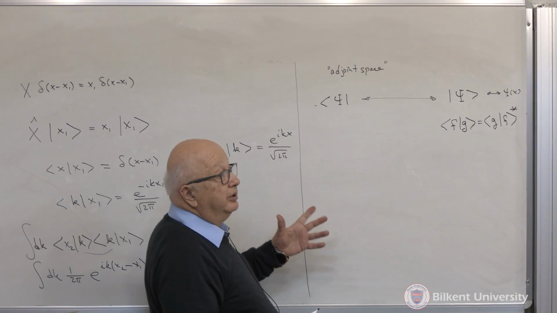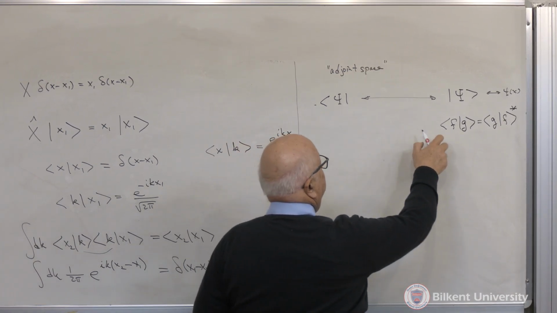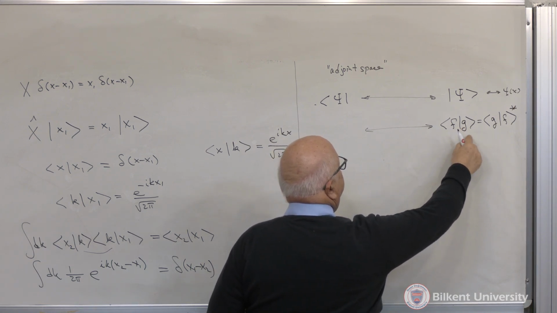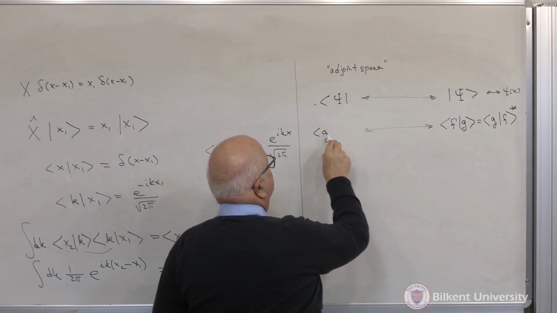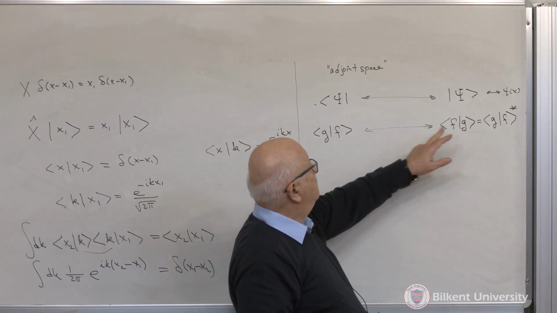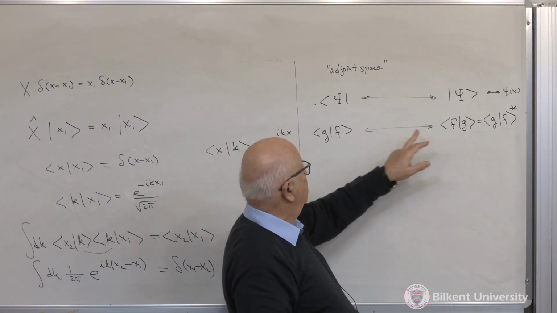But the adjoint of this is going to be G F. G will go to a bra vector, F will go to a ket vector.